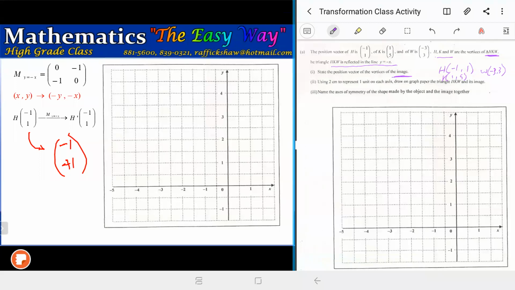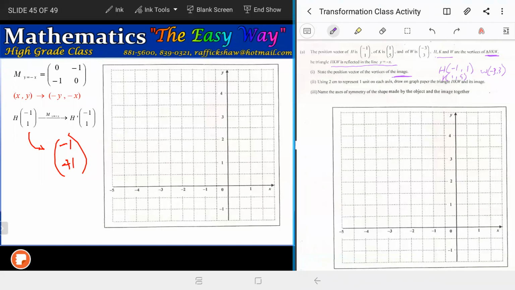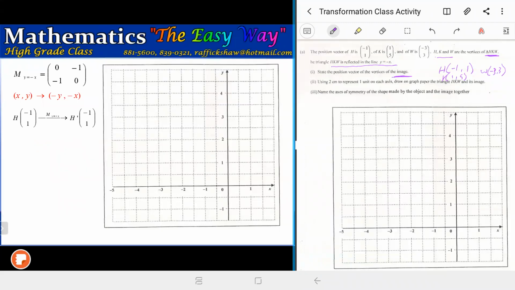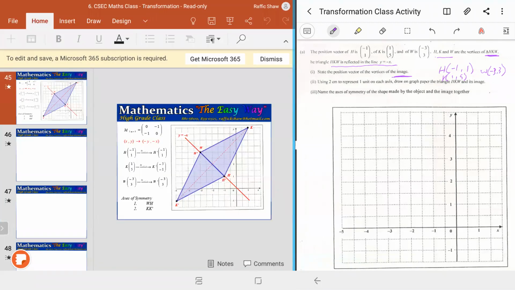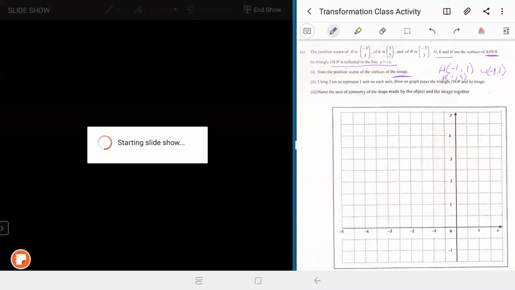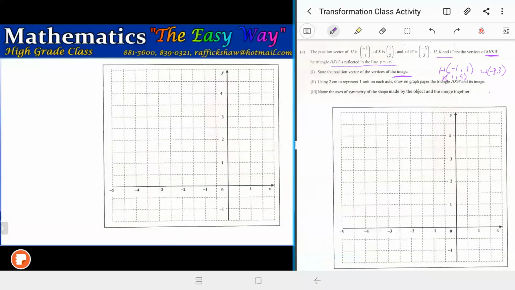Another reason is that the point (-1, 1) is actually on the line y equals minus x. So if you reflect in the line y equals minus x, it comes back to the same point, and therefore H and H prime are the same point.